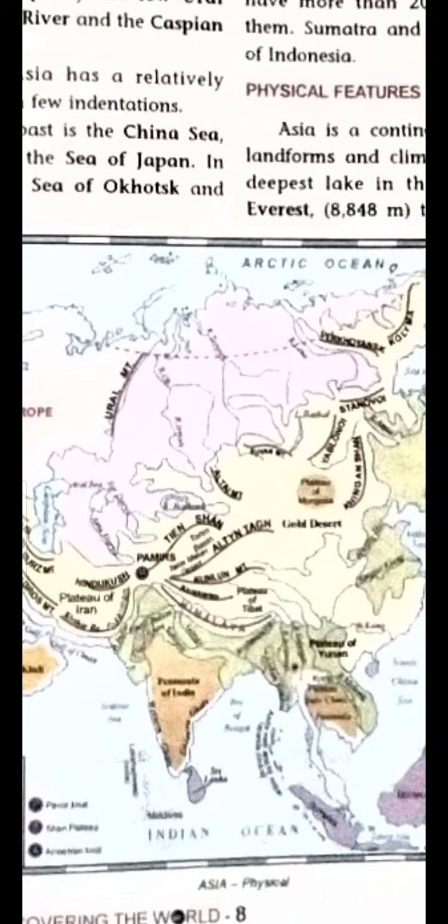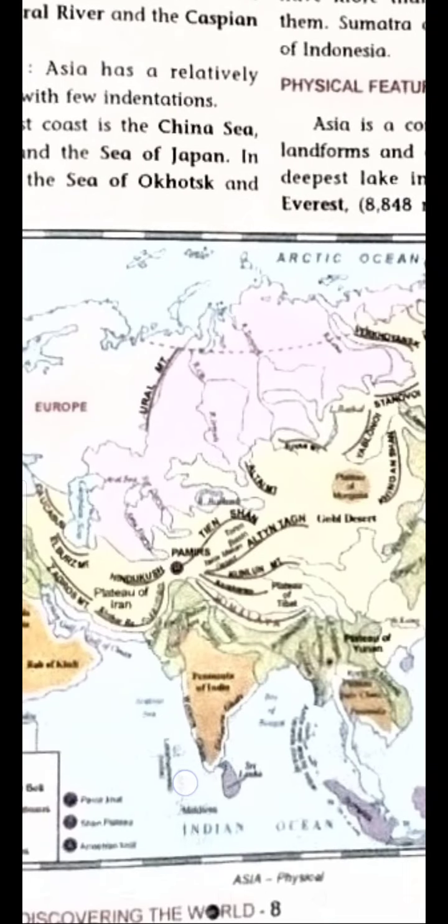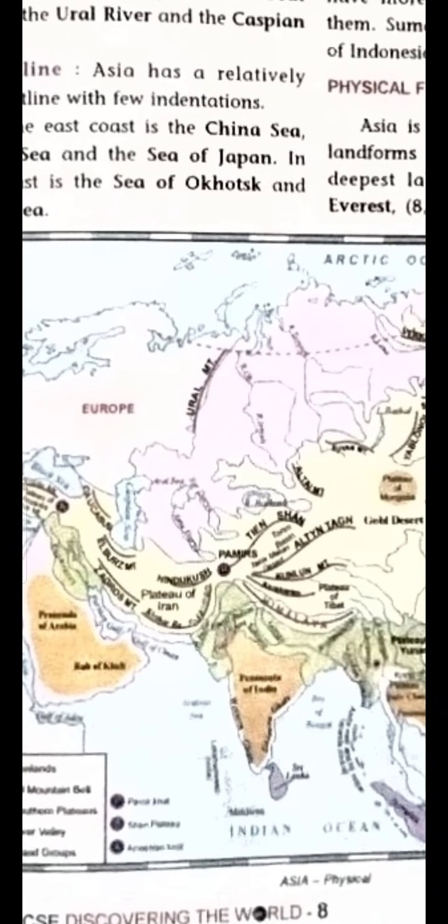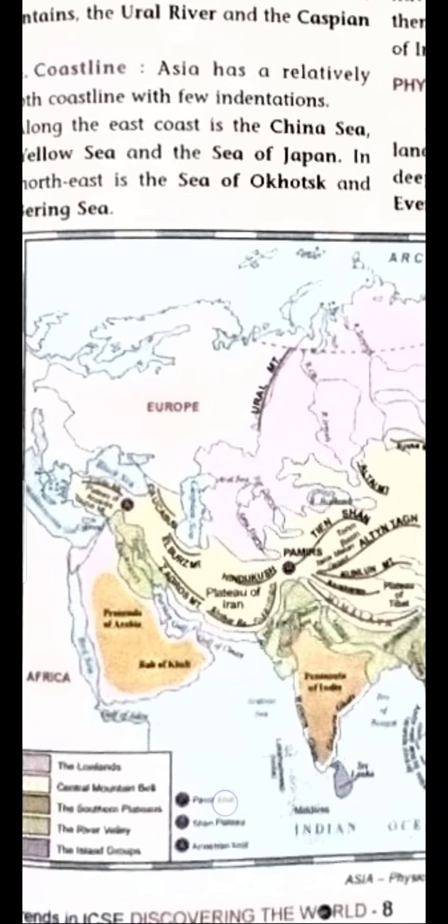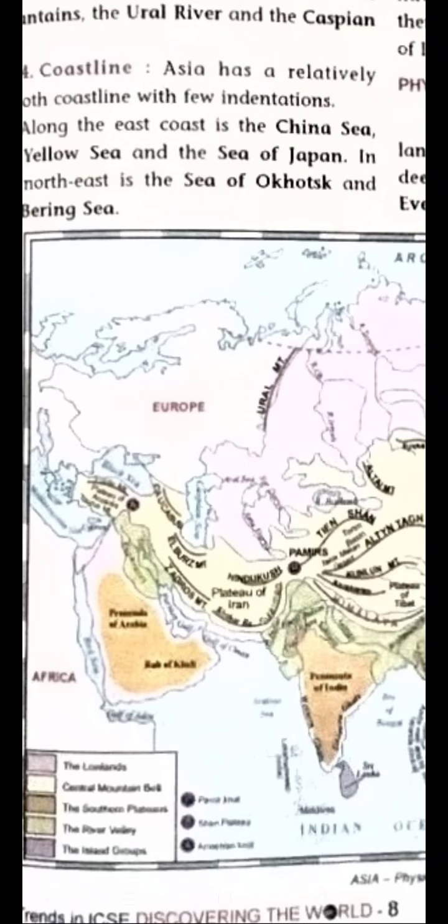Is that clear? Okay. Now the central mountainous region is visible. The whole of this yellow section is the central mountainous region. Page number 63. Next is the southern plateaus.